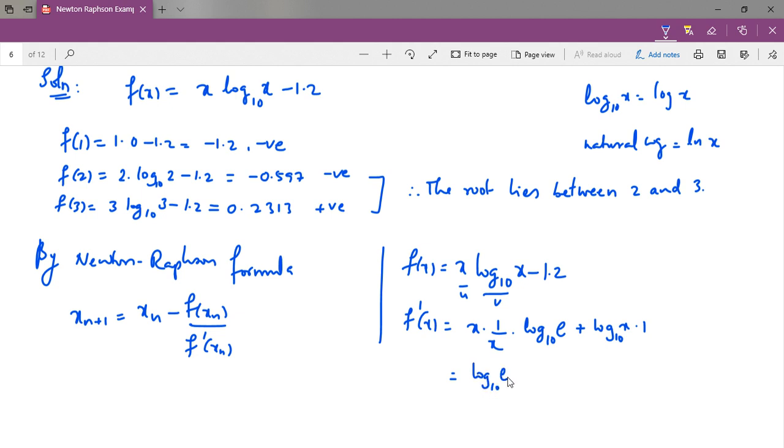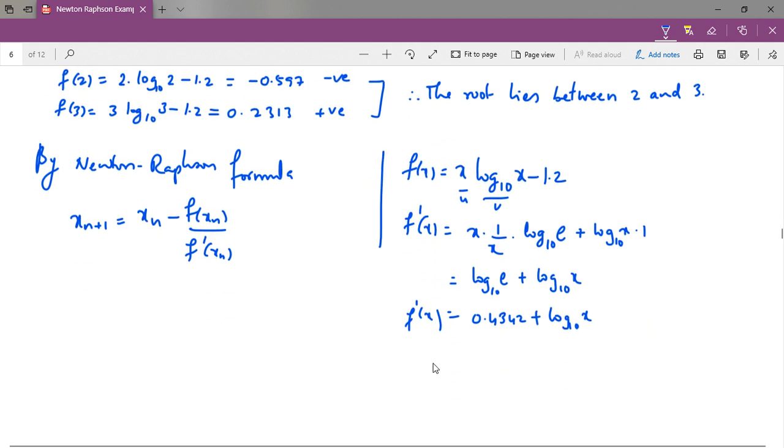This gives log e base 10 plus log x base 10. This first term is a constant; e is 2.7 something, and log e base 10 is approximately 0.4342, plus log x base 10. So this is f dash of x.